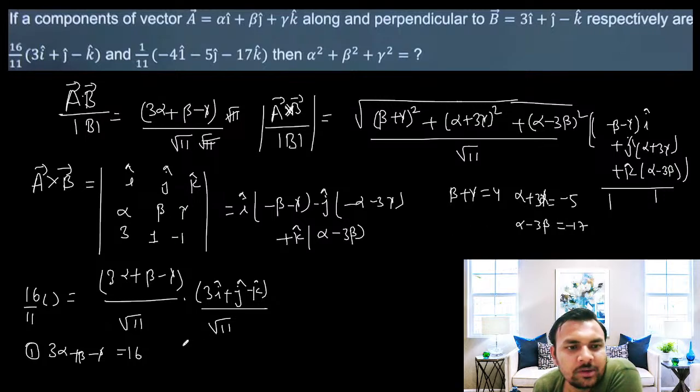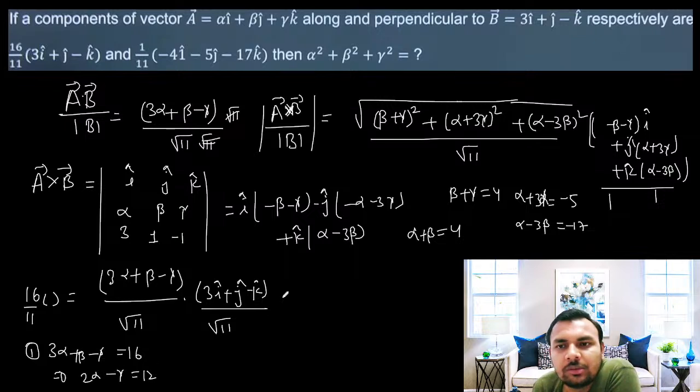Okay, so we have 4, 5 equations. If we subtract this thing, we can say that alpha plus beta is 4. So if we put alpha plus beta 4, we can get 2 plus alpha minus gamma is 12. So alpha, gamma.